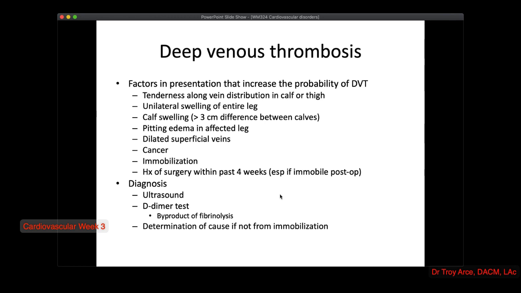All right. Diagnosis: ultrasound, D-dimer test. Determination of cause, if not from immobilization. So, what is D-dimer? D-dimer is a fibrin, a small protein present in the blood after a blood clot is degraded.